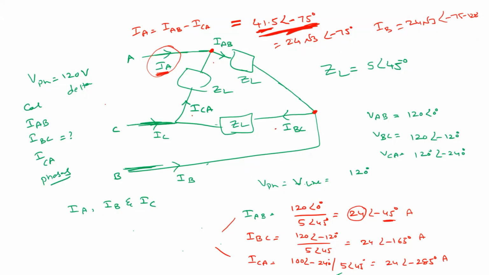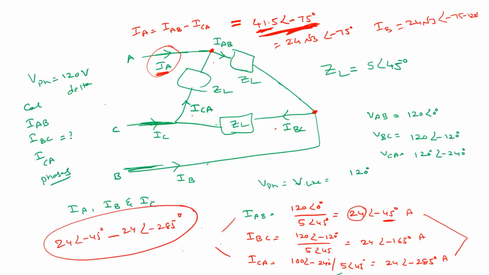Sir, how did you get the minus 75 degrees in IA? So this is the difference between 24 at an angle minus 45 minus 24 at an angle minus 285. That is the answer, right? Sir, line current will lead by 30 degrees, no sir?